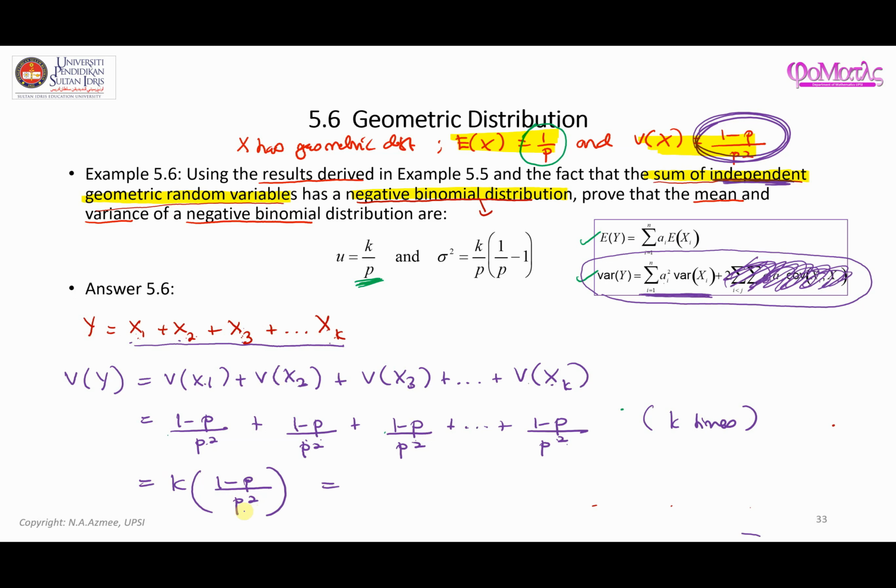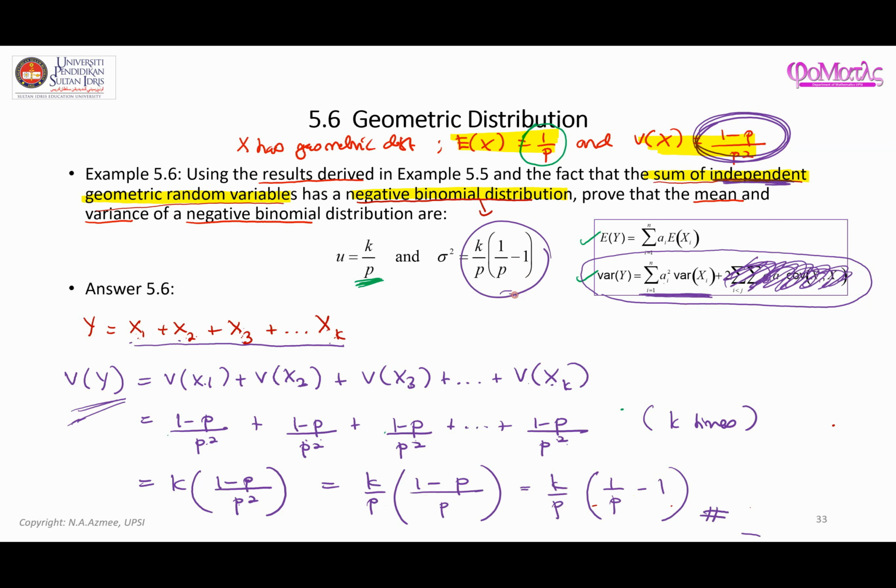You can take out a p, so we have k over p times (1 minus p) over p inside here, and that can be written as k over p times (1 over p minus p over p, which is equal to 1). And you are able to show that the variance of a negative binomial random variable is given by this formula.